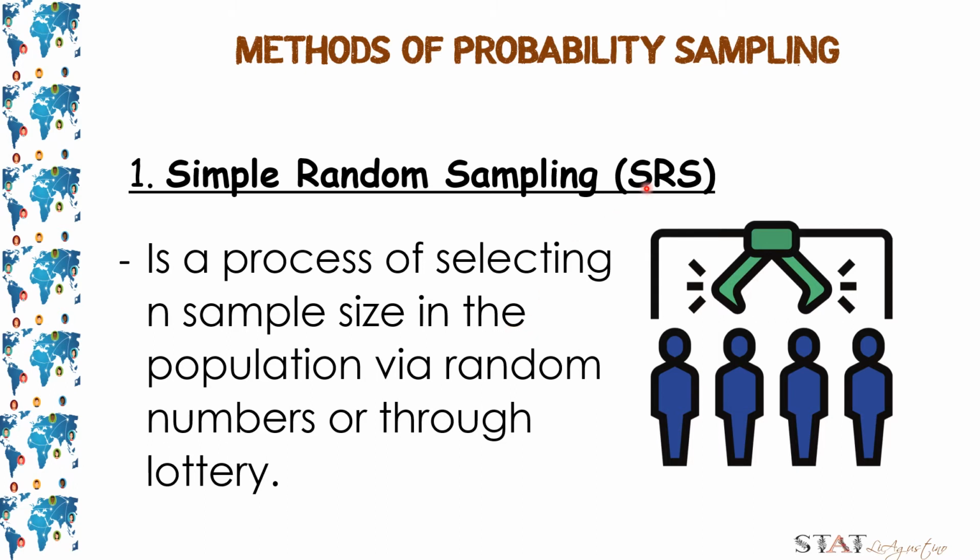First, we have the SRS, to make it short, or they call it simple random sampling. It is a process of selecting n, the sample size, from the population via random numbers or through lottery. In your calculator, you can generate random numbers, or use a lottery.